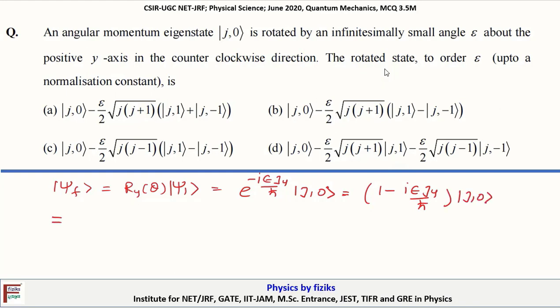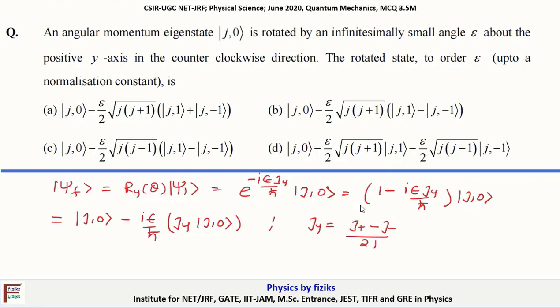This can be written as J0 minus i epsilon by h cross Jy into J0. Now we also know that Jy can be written as (J plus minus J minus) divided by 2i.